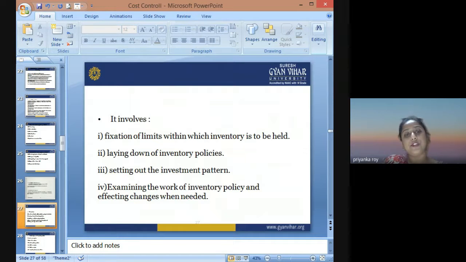It involves fixation of limits within which inventories are to be held, laying down of inventory policies, setting out investment patterns, examining the working of inventory policies, and effecting changes when needed.